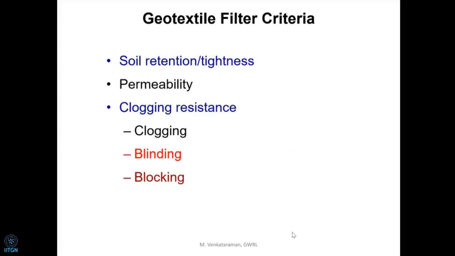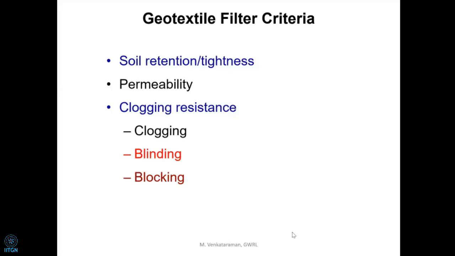Right. Then the filter criteria. It is very simple to say use a filter, but it should have some fundamental characteristics. One is called soil retention, which is also called tightness. It should have permeability, that is, enough flow capacity. We talk about cross permeability, that is, across the textile.